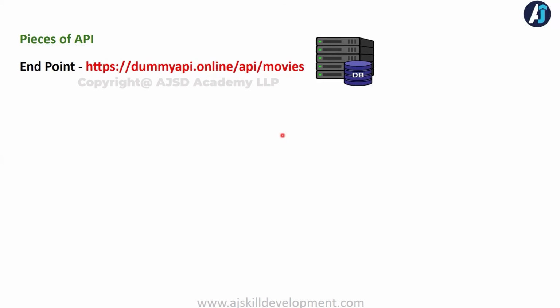A third party system which has a list of movies in its database is exposing its data to the outside world through web services and API. Now, if I want to see the list of movies available, then I need to know the address of the endpoint, right?